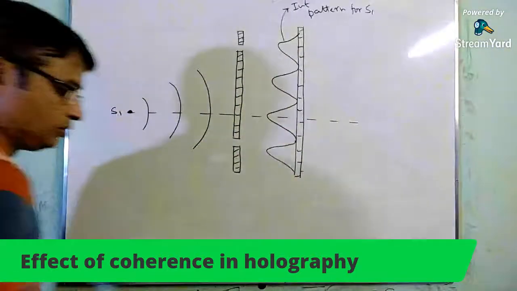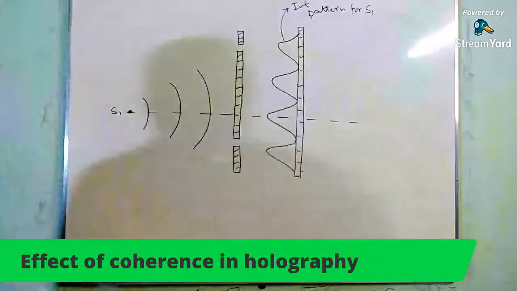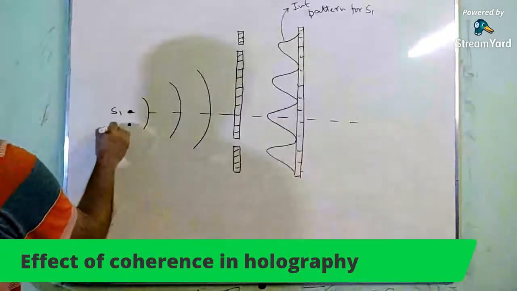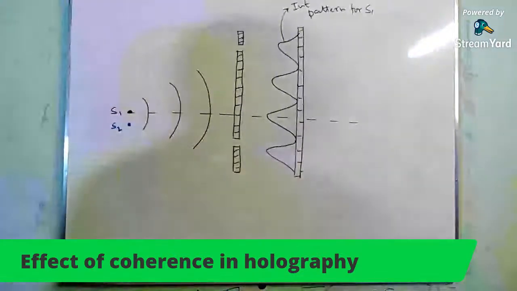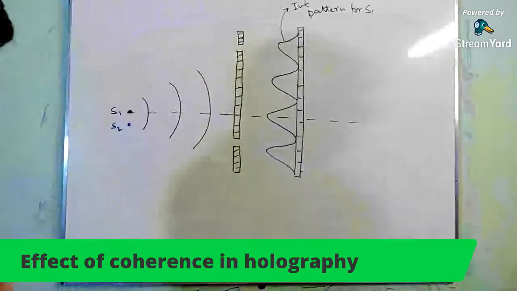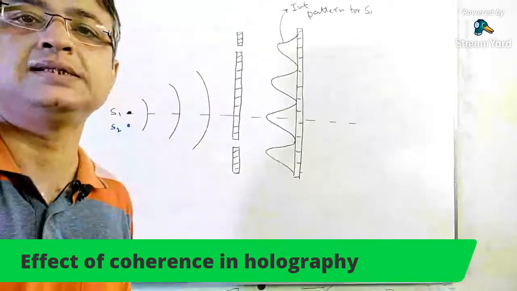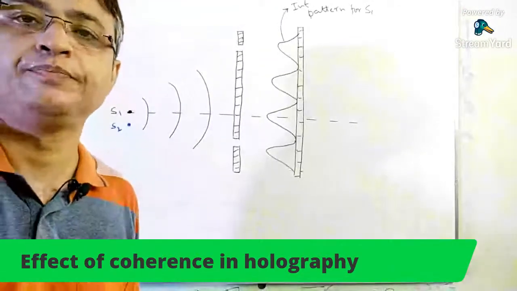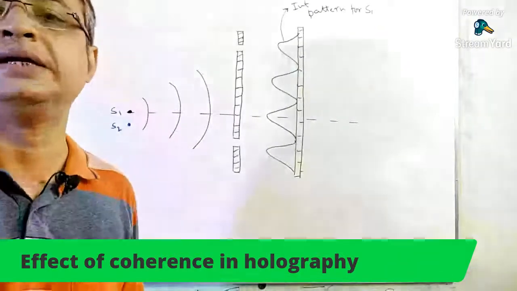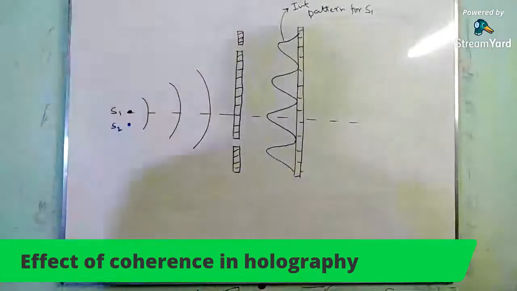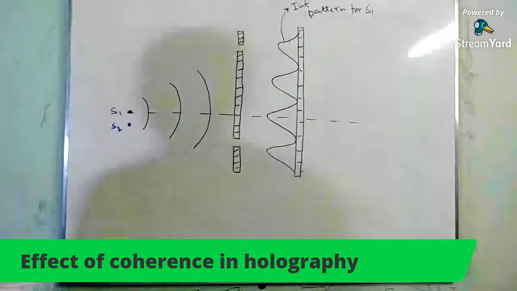Now let's move on to the second source, that is S2. What is S2? S2 is actually the displaced point source, but it has the same wavelength as S1 because it maintains spatial coherence. Okay, so this is the displaced point source S2, which has the same wavelength as S1.